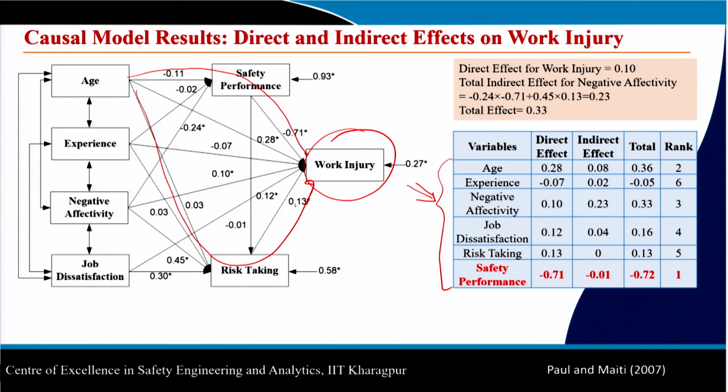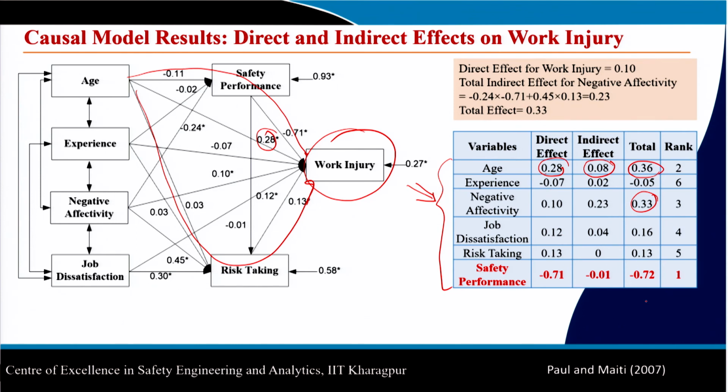These two indirect paths in totality are the total contribution. Direct 0.28, then total, this plus this, 0.36. In this manner, experience this plus this minus this, negative activity plus 0.33, job distribution 0.16, risk taking this.